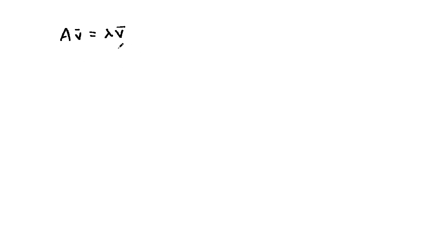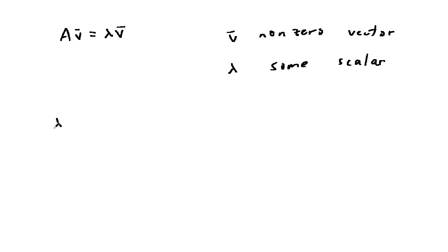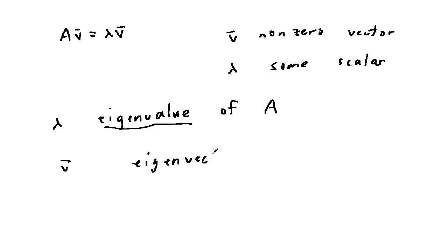Now, if this equation is true for some non-zero vector v, and lambda some scalar, then lambda is called an eigenvalue of A. And v, the vector v, is called an eigenvector of A corresponding to lambda.